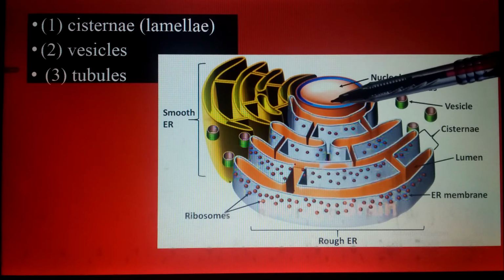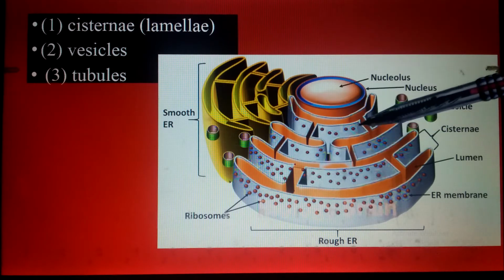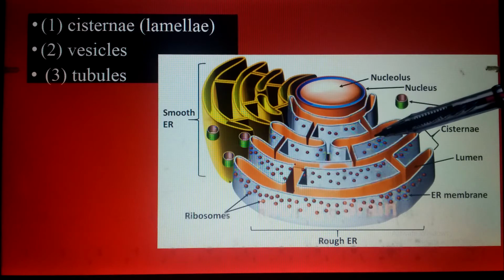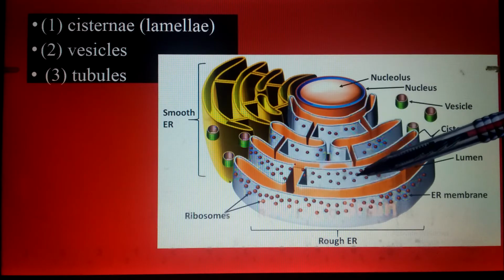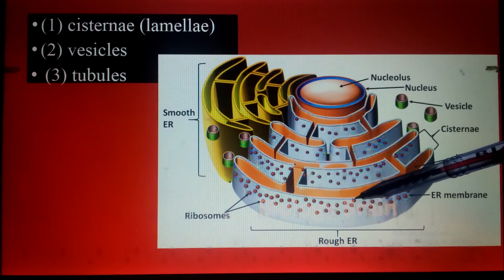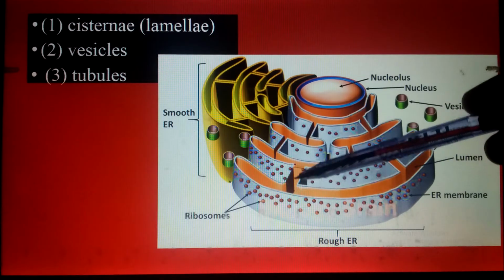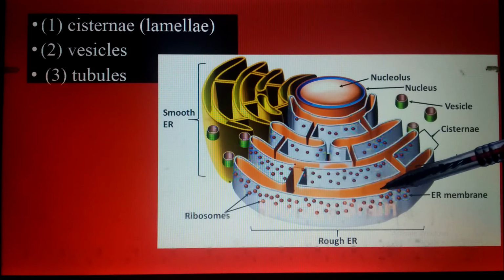So what is the difference between the tubule and the cisternae? The difference I will show you later on. The tubules are branched and cisternae are unbranched. And you can see there is a space between these channels and canals. This is known as the lumen, the lumen of the cisternae or endoplasmic reticulum.